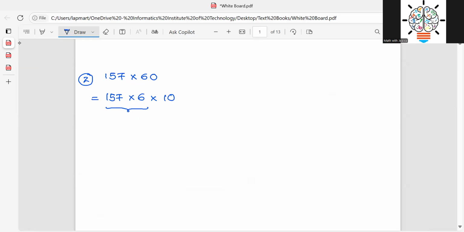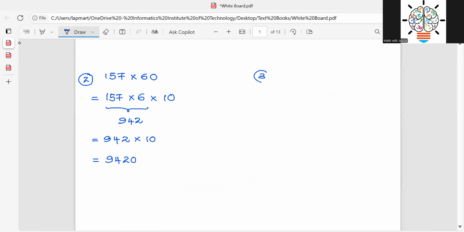It gives me the answer 942. So then I rewrite this, 942 multiplied by 10. So then it gives me 9,420. Okay. So 157 when you multiply by 60, it gives you 9,420.